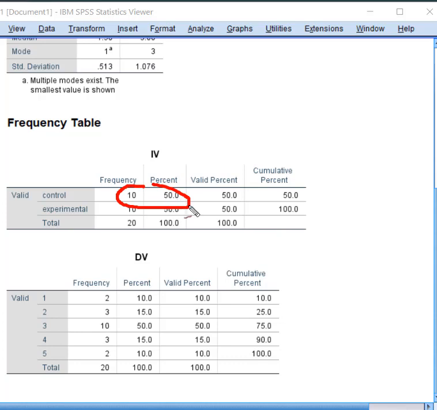So there were 50% in the control and 50% in the experimental. And what percent of the ratings were 3 or lower? Well, here's my 3. I come over to the cumulative percent, and it looks like 75% were at 3 or lower.